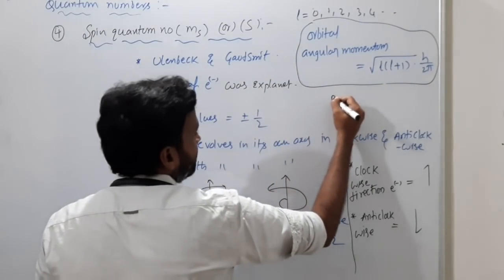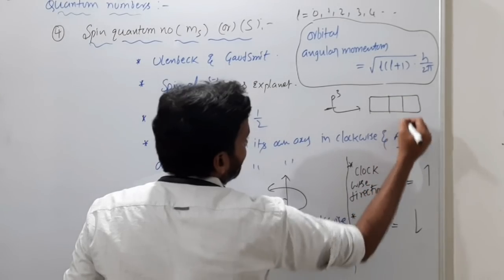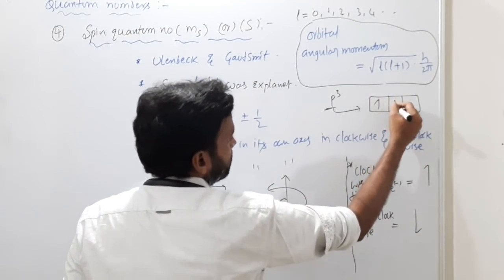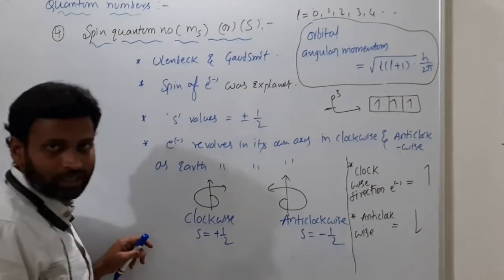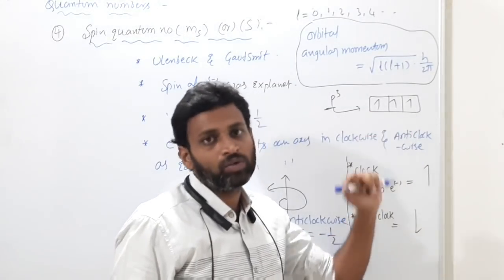This point is very important. Suppose P3. P means how many degenerate orbitals? 3 degenerate orbitals. Individually, these 3 degenerate orbitals each have a single electron in one particular direction. Don't worry, we will understand this in Hund's rule also.